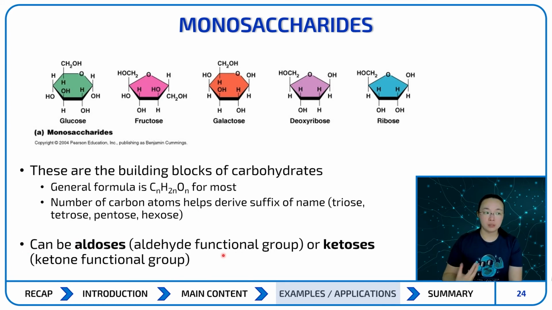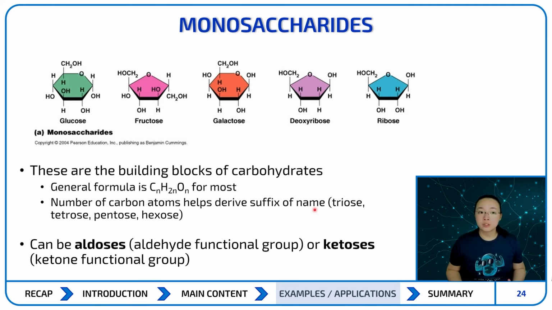Next, you can also see what kind of functional group is attached to your monosaccharide. If you have an aldehyde functional group, then you end up with an aldose. And if you have a ketone functional group, then you'll end up with a ketose sugar.